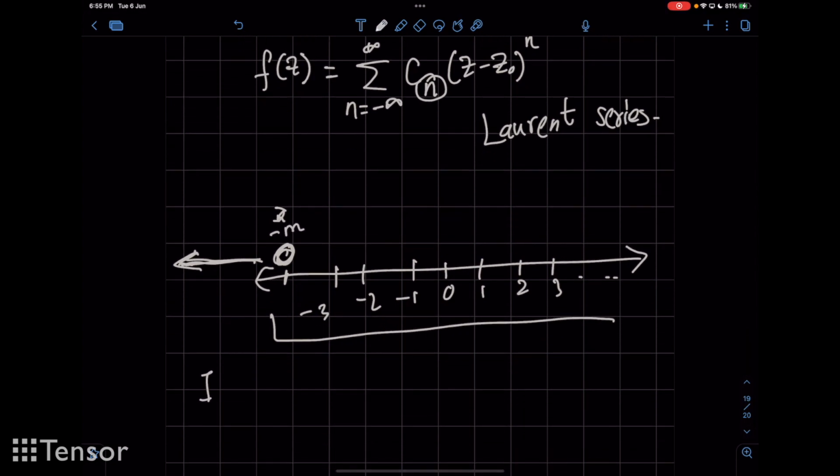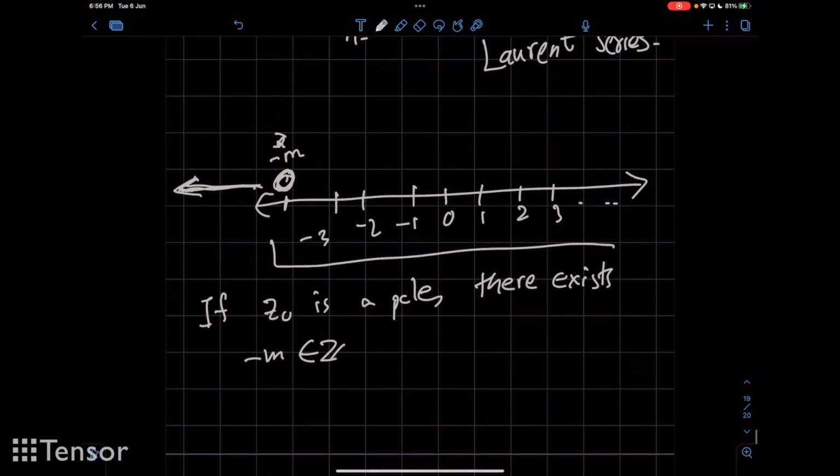So if z naught is a pole, there exists some negative m in Z such that c sub negative m minus k is 0 for all k bigger than or equal to 1.